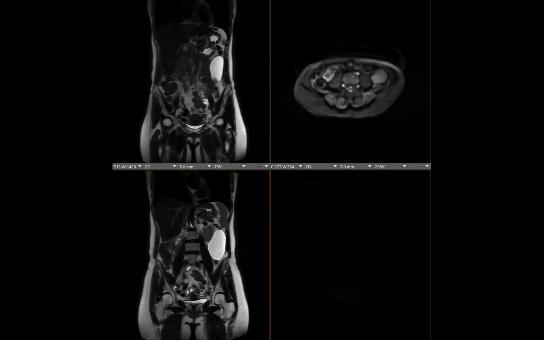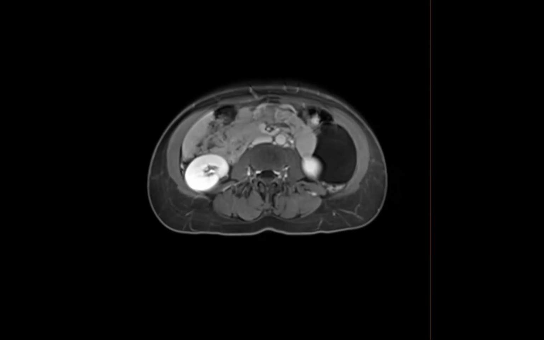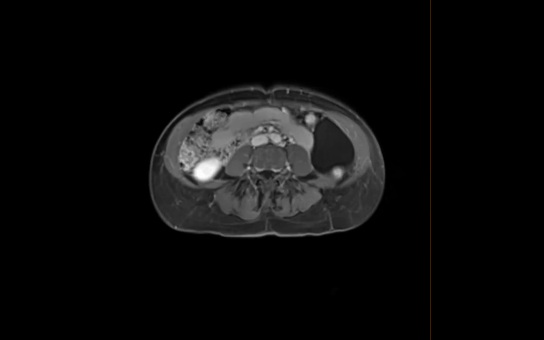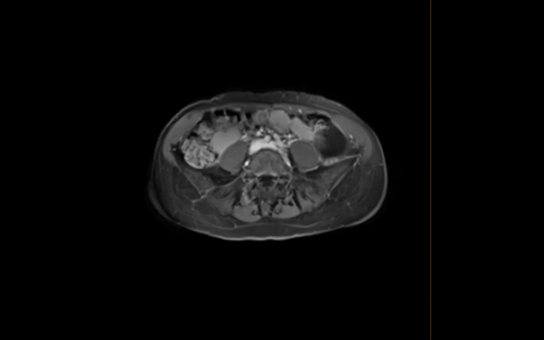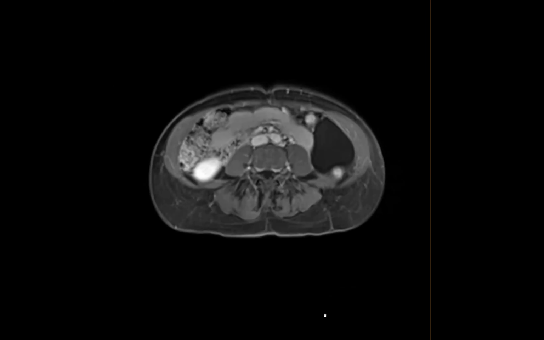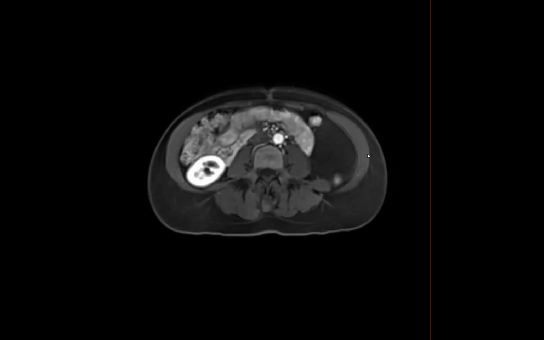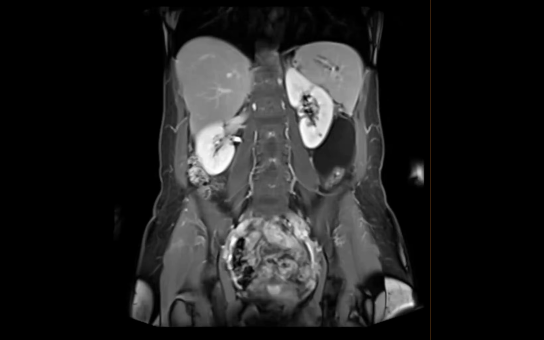And there are no septa, no nodules. I feel like we see more and more of these, and they're just watching them. A bunch of them we've just said presumed lymphangioma. It's not really lobulated, but it looks very simple.